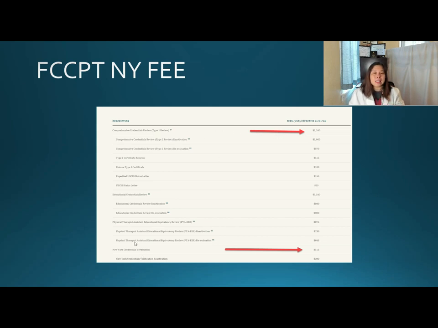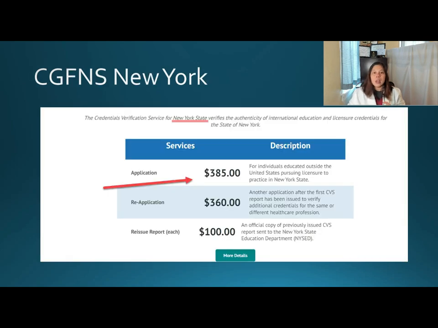New York has its own credential verification, so it's $515 right now. If you want a cheaper one that is still acceptable to New York State, you can use the CGFNS. The CGFNS is $385. So it's a $130 difference.